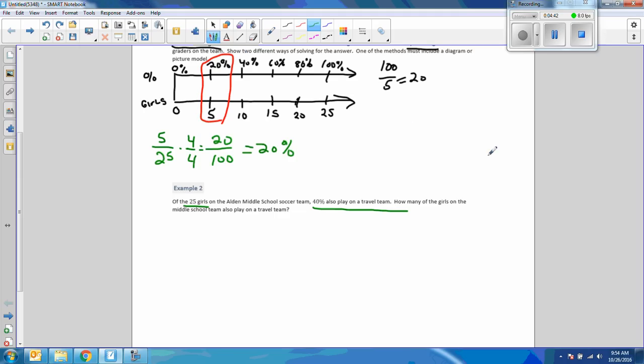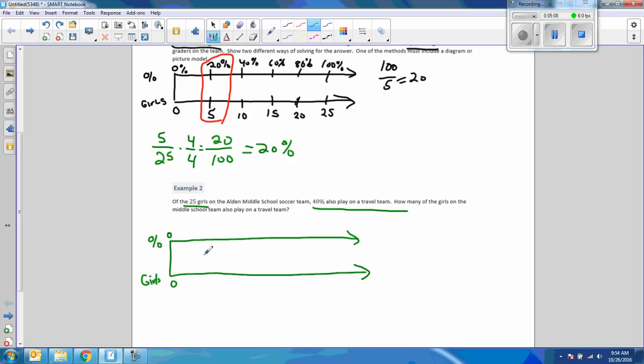So if I draw a diagram, a 2-line diagram, and this is percent, and this is girls on the team. Obviously, if there aren't any, that's 0%. And we're going to set up the same thing. So 20, 40, 60, 80, 100, or 5, 10, 15, 20, 25.